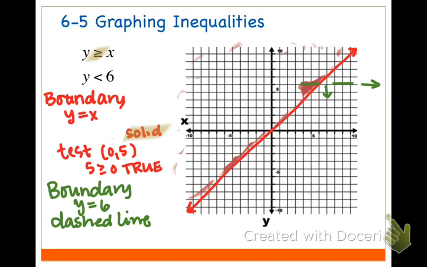If I look here, I've got that green line in there, which I'm going to fix. I'm going to finish drawing that in again. Here's my green line, and I want below the green line. So I want this area, everything below the green line. But for that red line, I wanted everything above it. So I could draw arrows in for the red line as well.